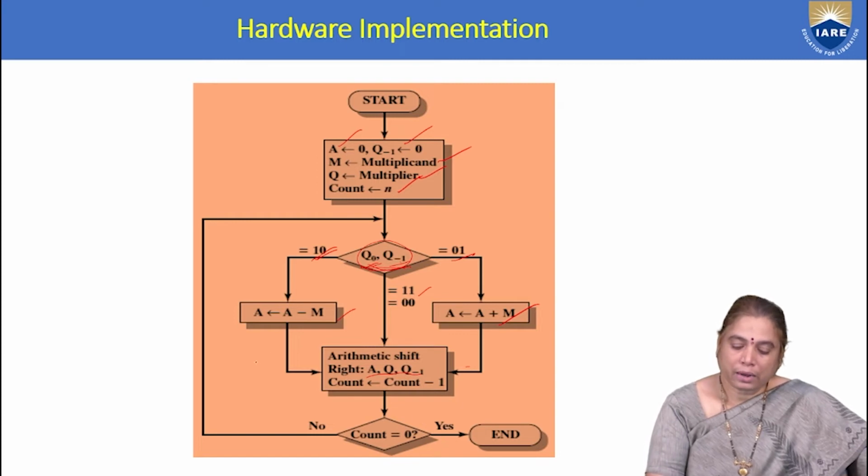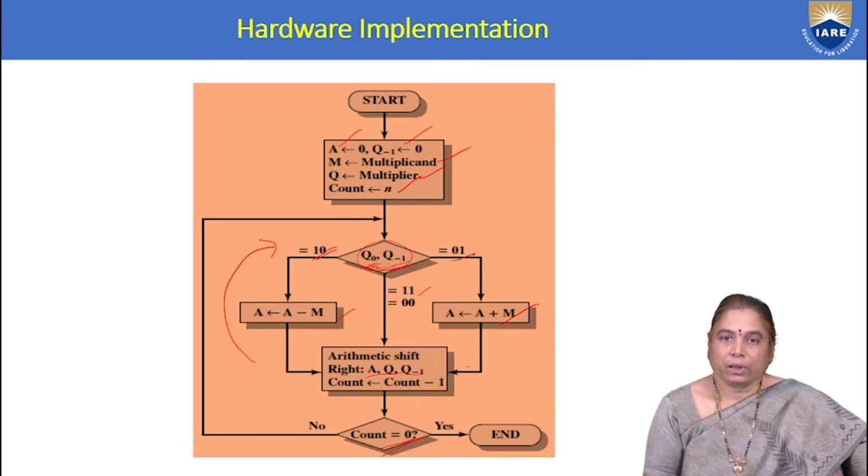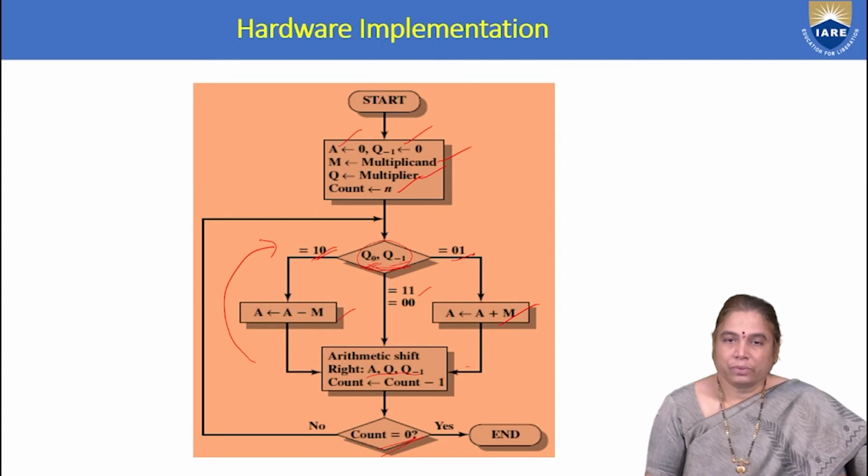This process is repeated in a loop until the counter value is 0. If the counter contains the value 0, then the process ends. So this is the procedure for Booth's multiplication algorithm. Now we will look into how to perform this procedure by taking one example.